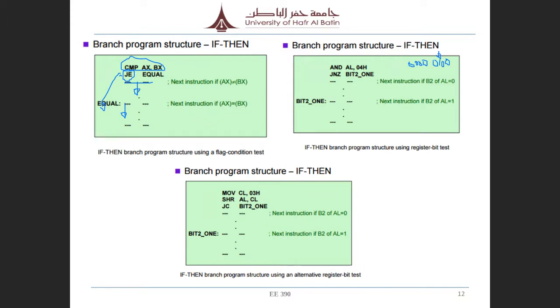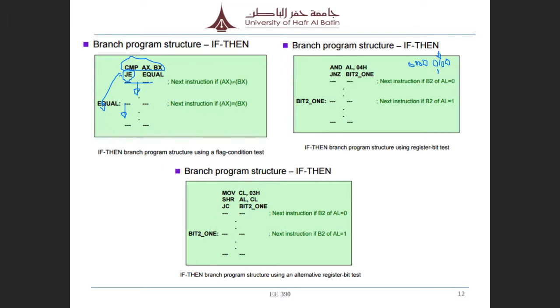If we do the AND operation AL comma 04, all the bits will be 0 and only this one stays as it is, because AND with 1 keeps the bit. So we are interested in the b2 bit.